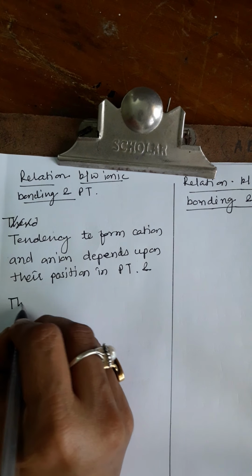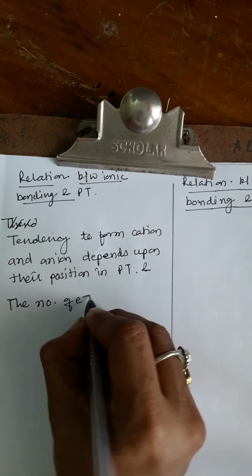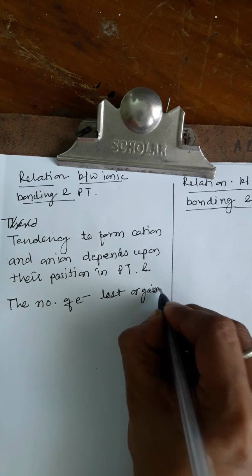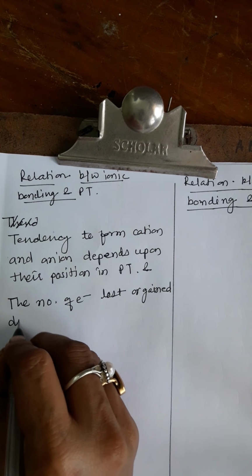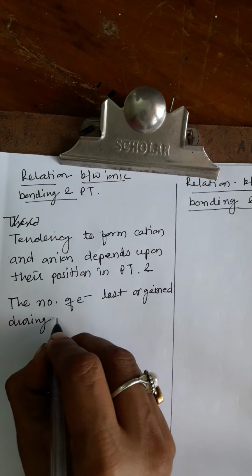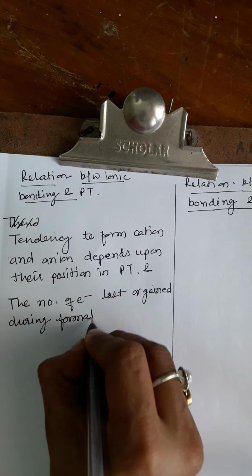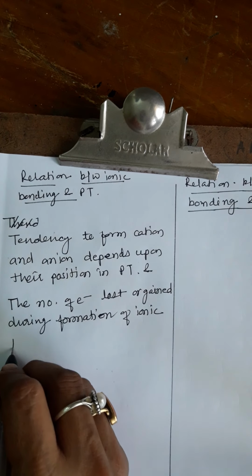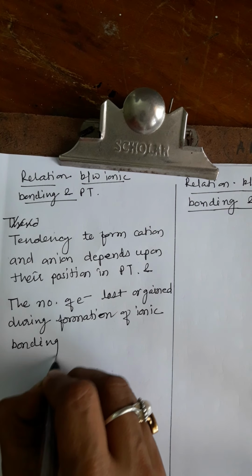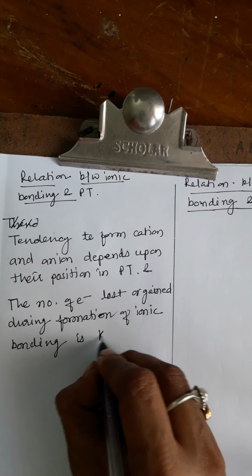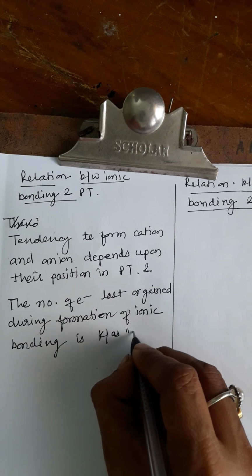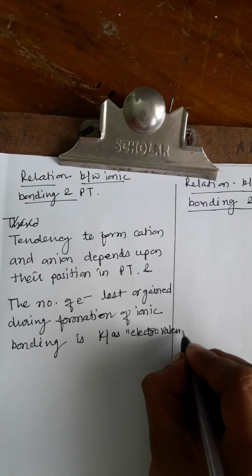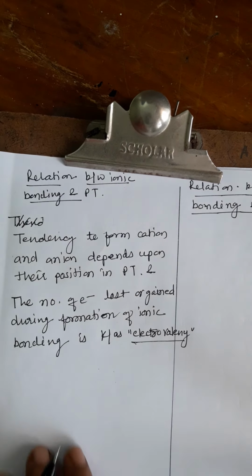And the number of electrons lost or gained during formation of ionic bonding is known as electrovalency. This you already know.